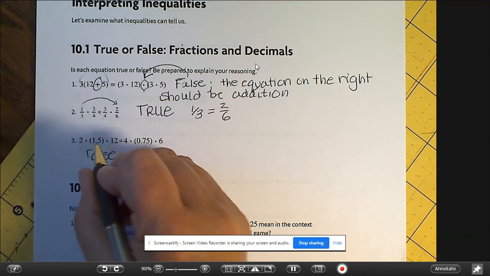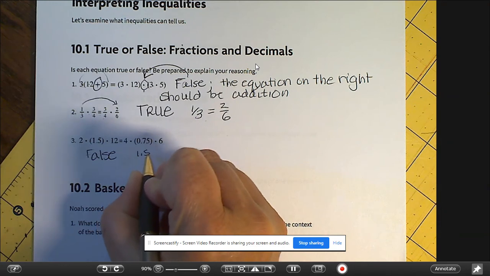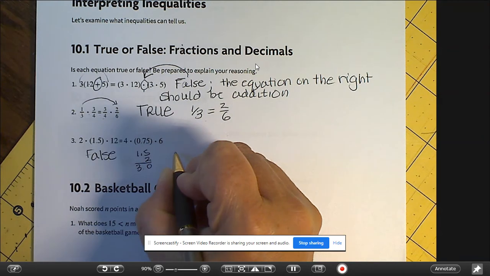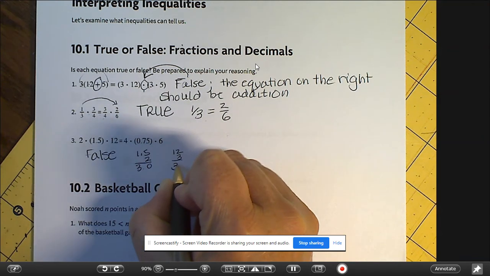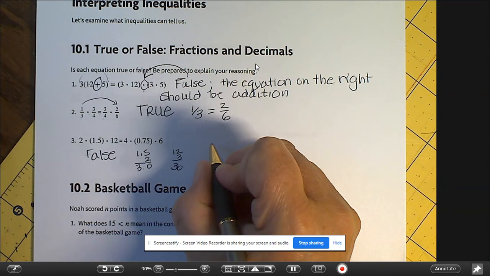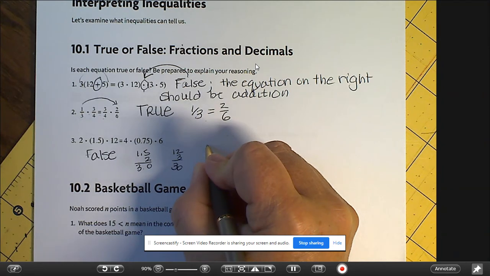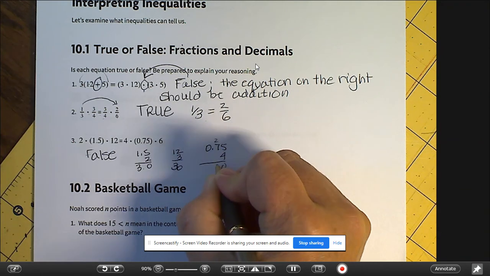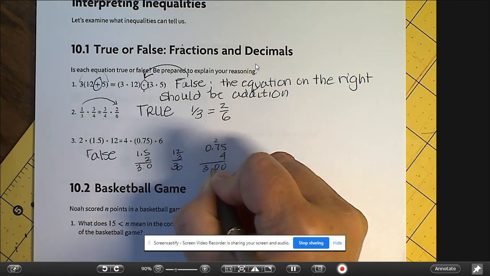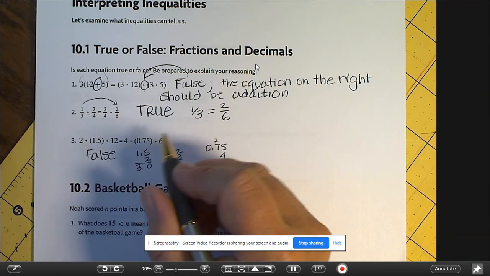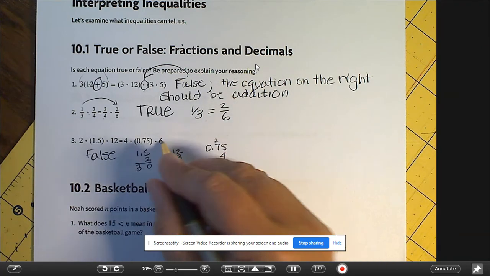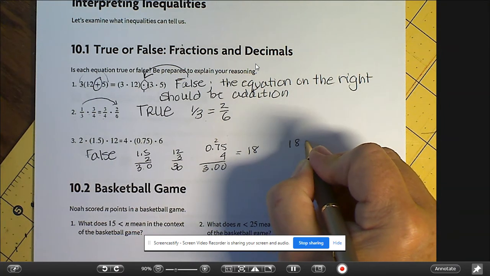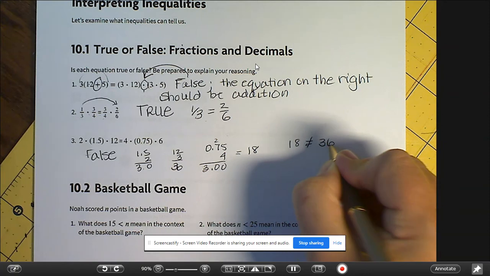So if we have 2 times 1.5, it should be 3, right? And then 12 times 3 is 36. And on the other side, you have 0.75 times 4, which is 3, and 3 times 6 is 18. So 18 does not equal 36.